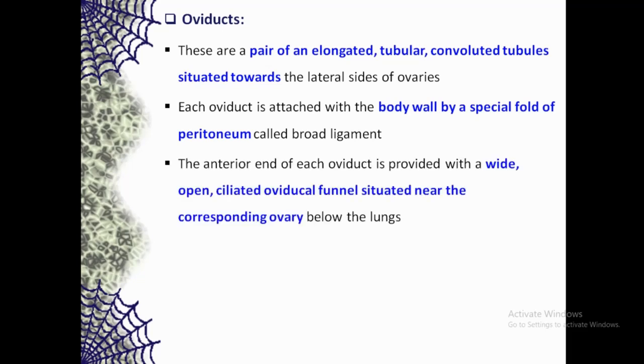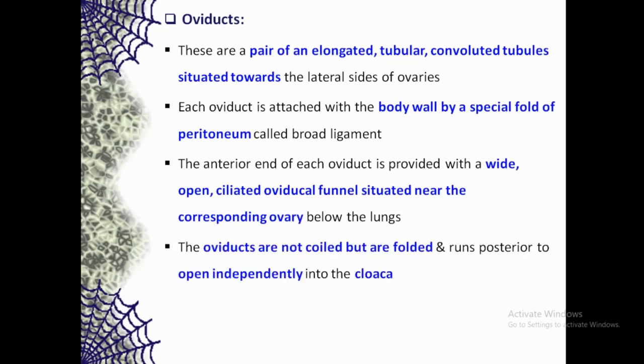The anterior end of each oviduct is provided with a wide open ciliated oviducal funnel situated near the corresponding ovary and just below the lungs. The oviducts are not coiled, but they are folded and they run posteriorly to open independently into the cloaca.